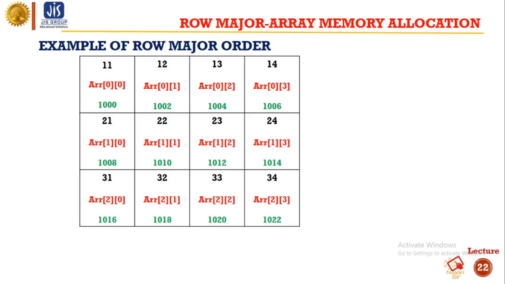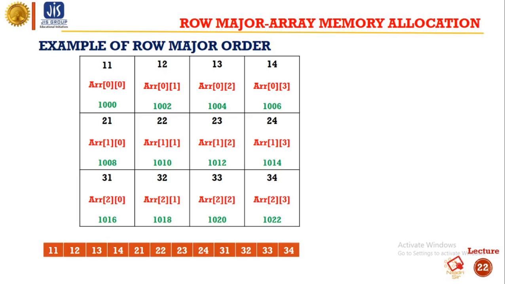So this is how it will work, this is how it will be placed: 11, 12, 13, 14, 21, 22, 23, 24, 31, 32, 33, 34.